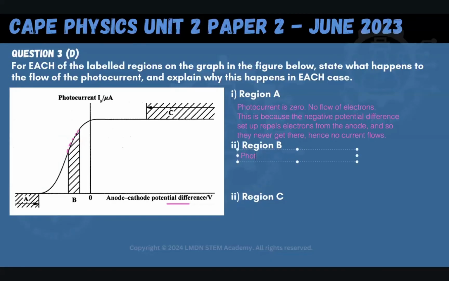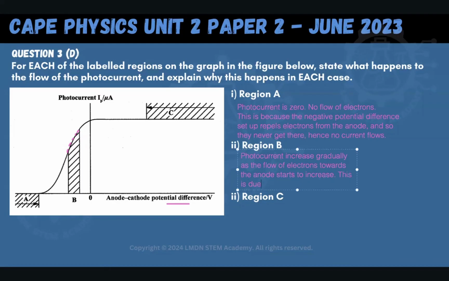So we see that the photocurrent increases, and it does so in a sharp way. So I would say sharply. Let's say gradual. That's more of a gradual thing. It doesn't jump dramatically. So it's gradually increasing as the flow of electrons towards the anode starts to increase.